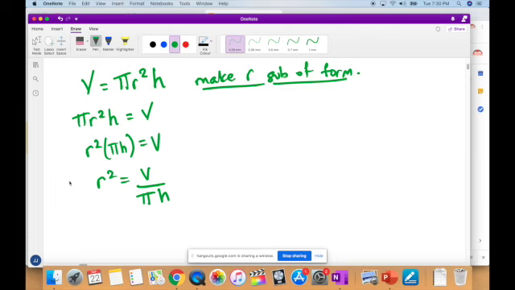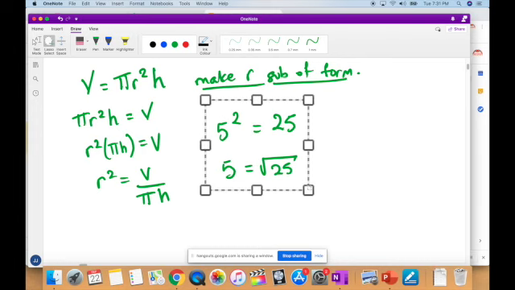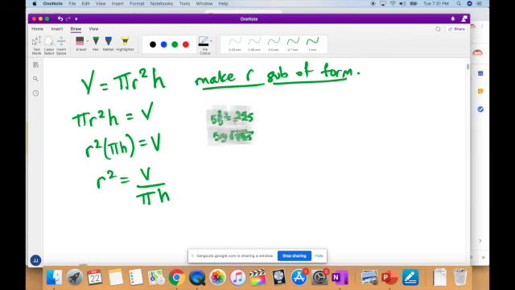What do you do when you have a square? Square root it? Yes, because if 5 squared is equal to 25, then 5 is equal to the square root of 25. Think about it like any other number.